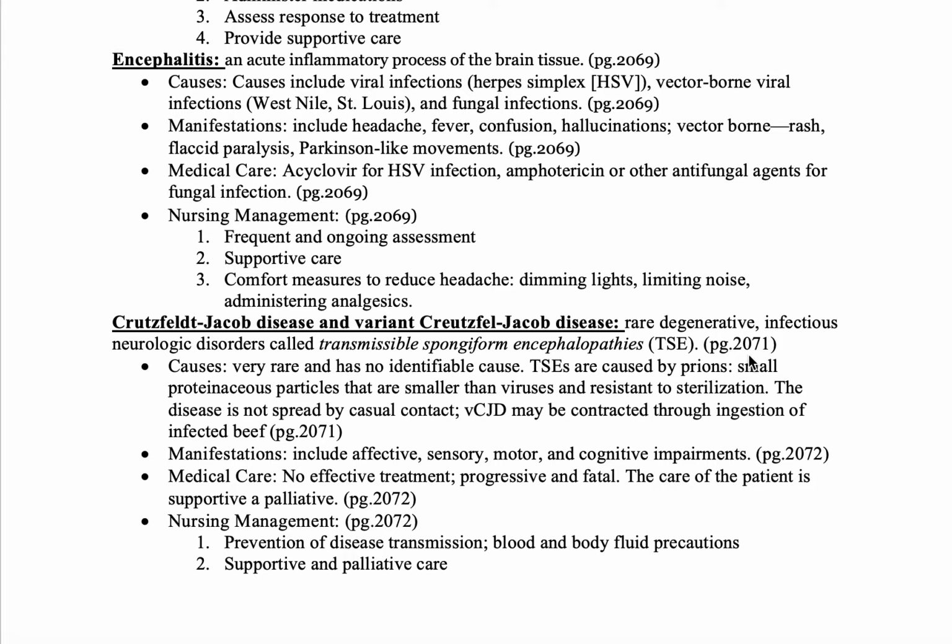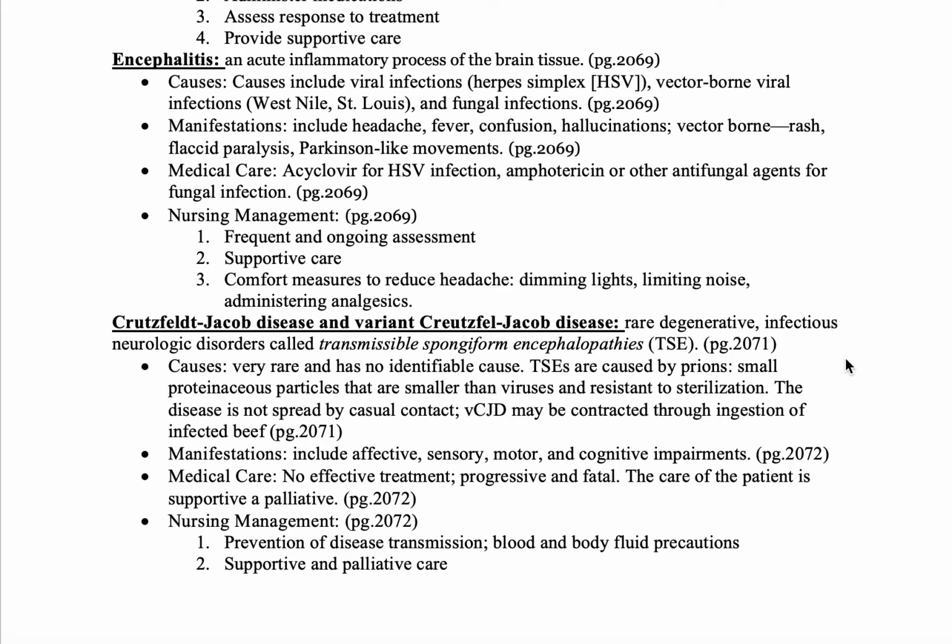And that will be found on page 2071, including the cause, which is very rare and has no identifiable cause. TSEs are caused by prions, small proteinous particles that are smaller than viruses and resistant to sterilization.